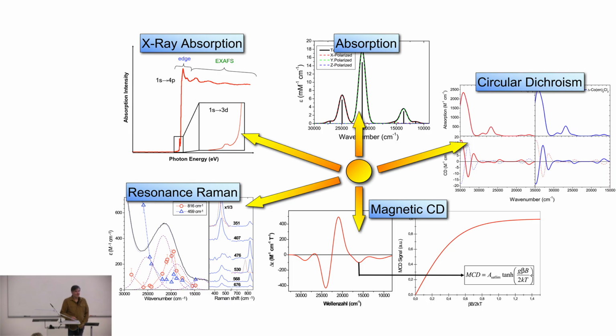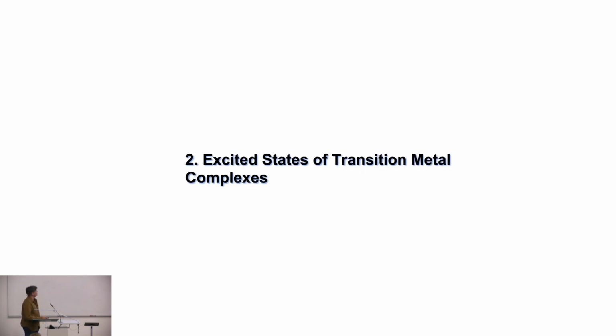So let's briefly get a very high level, a very coarse overview of the kind of electronically excited states that you meet in transition metal complexes, and then I go on to a relatively long detour about the nature of electronic states in general.